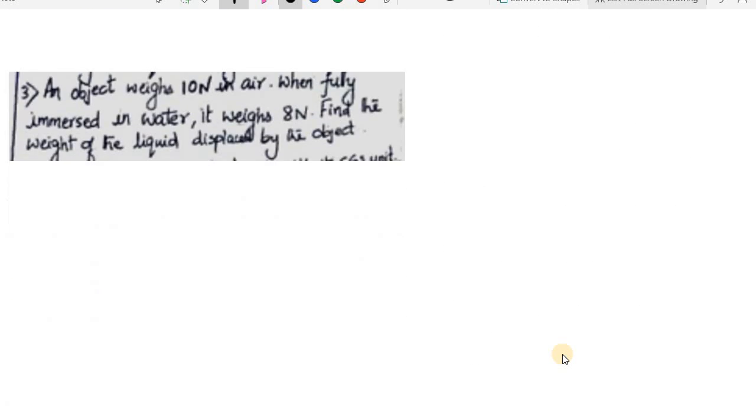Now let's go to the third one. An object weighs 10 Newton in air. When fully immersed in water, it weighs 8 Newton. Find the weight of the liquid displaced by the object. So weight of liquid displaced is equal to the apparent loss of weight.